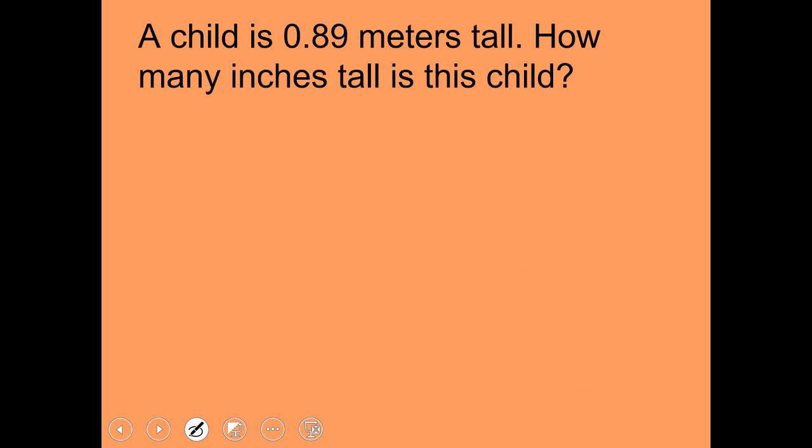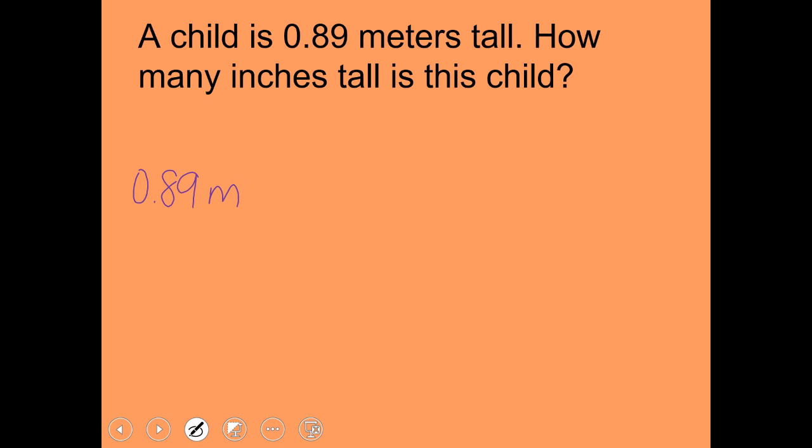Now, this is an example of something that might take 2 steps. It's still one label, like 0.89 meters. But we need to figure out how many inches this height corresponds to, so that we know how tall this child is in the imperial system or the English system.